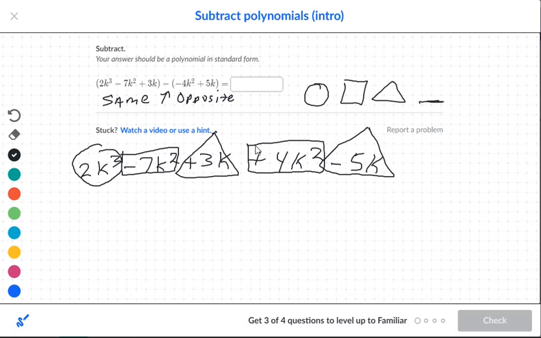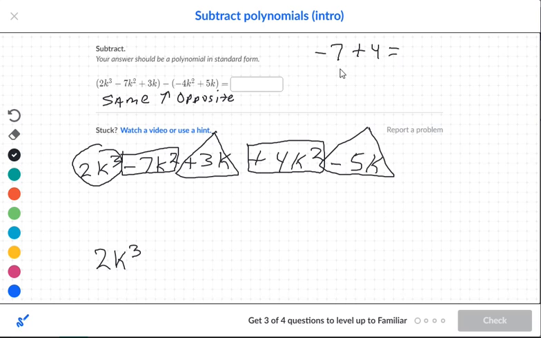Okay, so let me go ahead and erase my symbols up here. Give me a little more space to work from. So the first one up is the one circle. We only have one circle there. So since we have one circle, we can simply write 2k to the third. Now for the boxes, what you have here is a negative 7 plus 4.